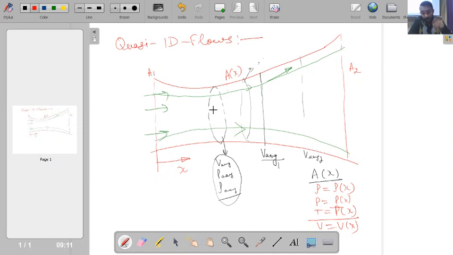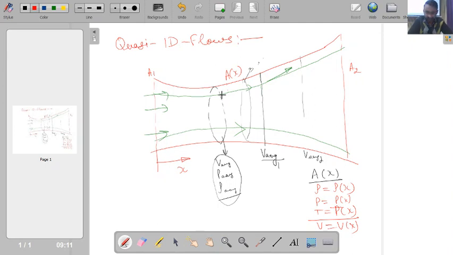While we are imposing this condition, we have to remember that we are talking about a compressible flow situation. In all the cases we are considering inviscid flow. Whenever we impose the inviscid situation, then considering this average property at the entire cross section is a good approximation.